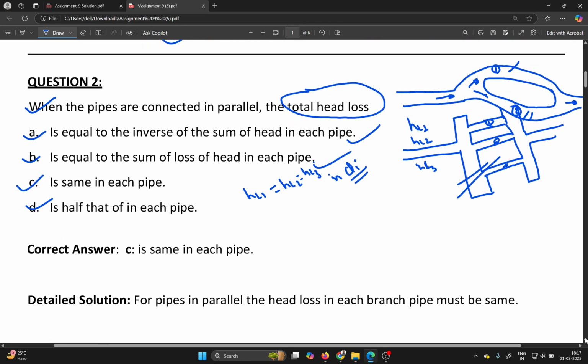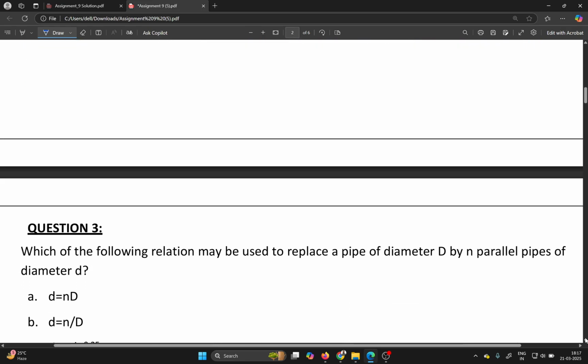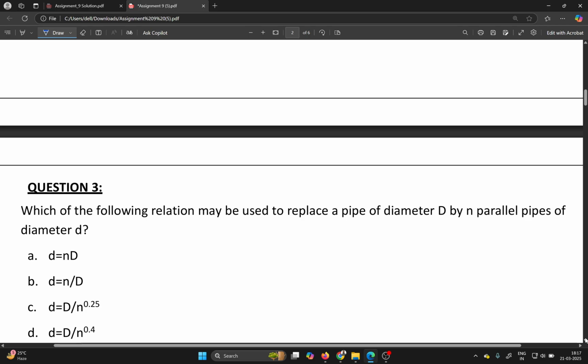Okay, now we'll move on the next question. Next question is very important question. So which of the following relation may be used to replace a pipe of diameter capital D by n parallel pipe of diameter small d? So here you need to, let us suppose lot of parallel pipe is given, from 1 to n.